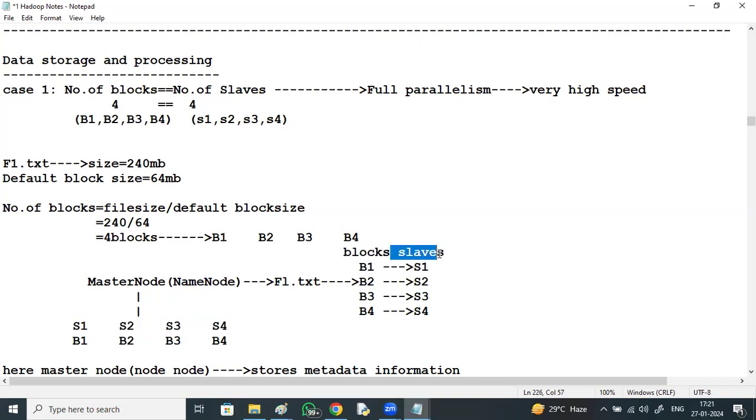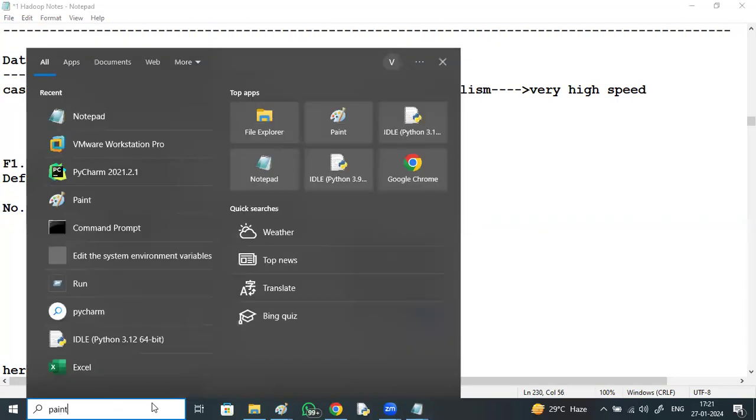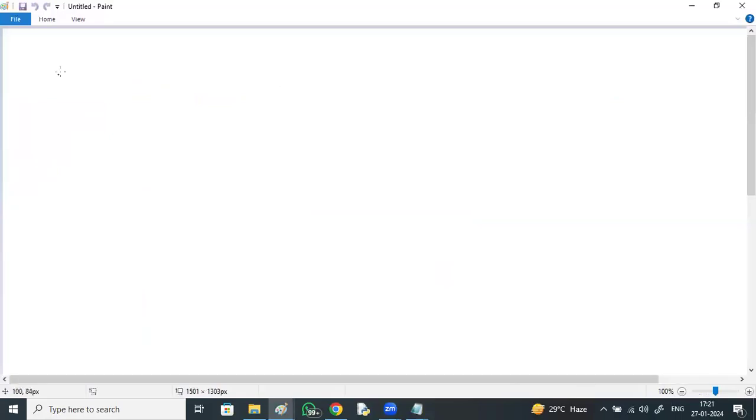Blocks and slaves: B1, B2, B3, B4. F1.txt is divided into 4 blocks, and the 4 blocks are stored across the 4 slaves. So how exactly is the data storage and processing happening?